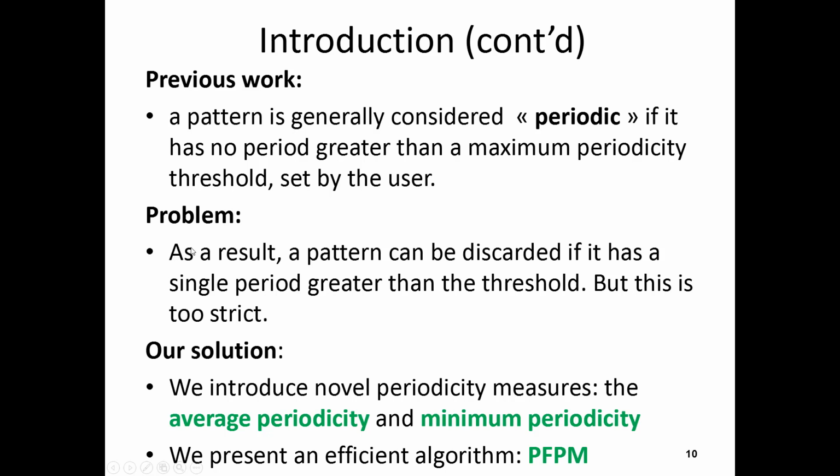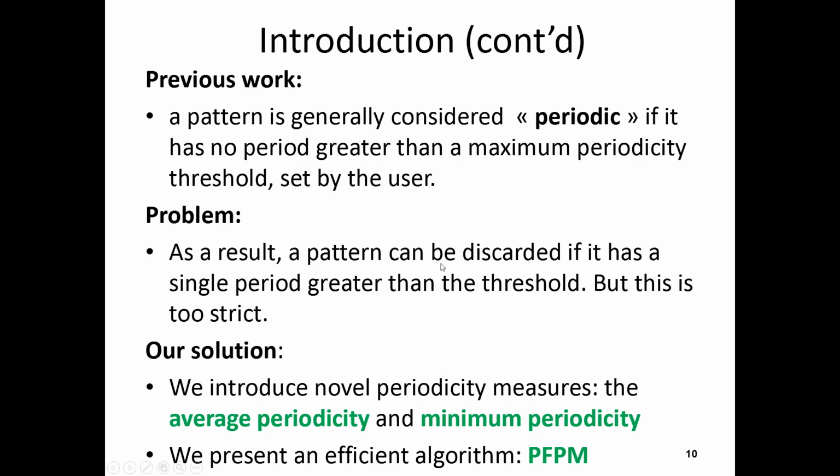The definition is very strict. For example, if you set the maximum to 1 week, a pattern can be discarded if it has a single period greater than the threshold. So for example, you have a pattern that appears almost every week, but only once it appears after 2 weeks. And then, because of this, the algorithm will not find it, although it appears almost every week.